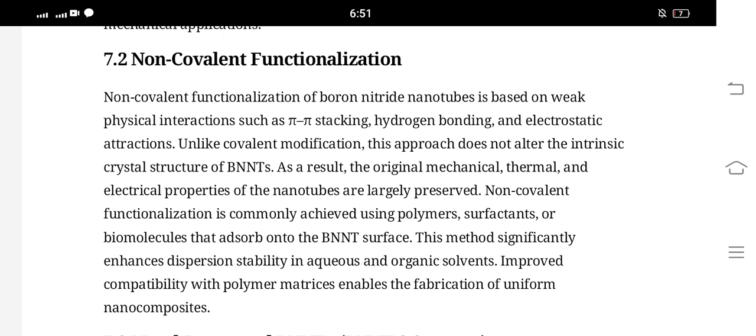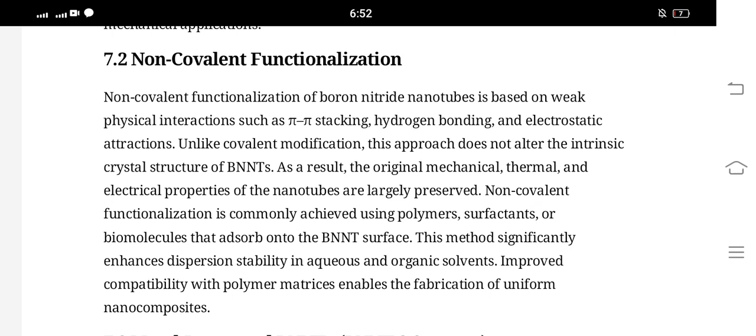One of the most important advantages of non-covalent functionalization is that it preserves the intrinsic mechanical, thermal, and electrical properties of boron nitride nanotubes. Since no covalent bonds are broken or formed within the nanotube lattice, the original strength and thermal stability remain intact. This method greatly enhances the dispersion stability of boron nitride nanotubes in both aqueous and organic solvents.